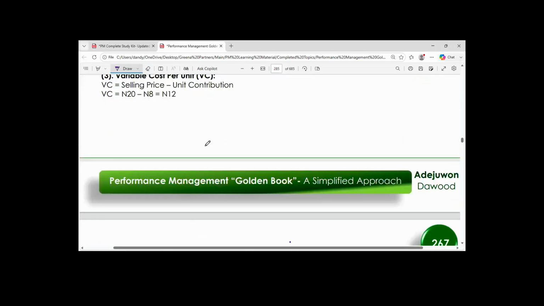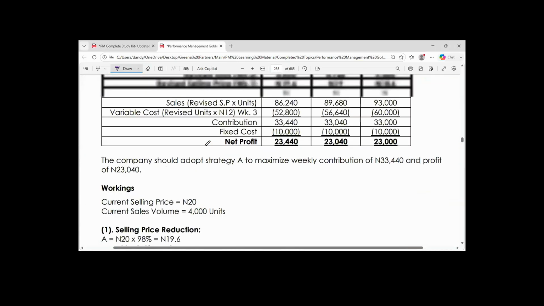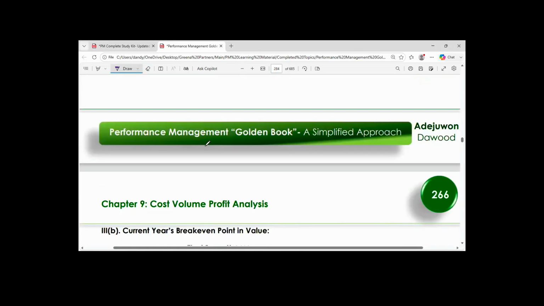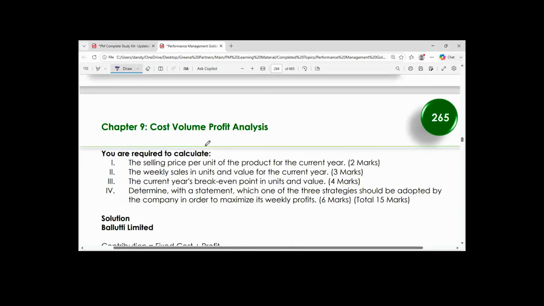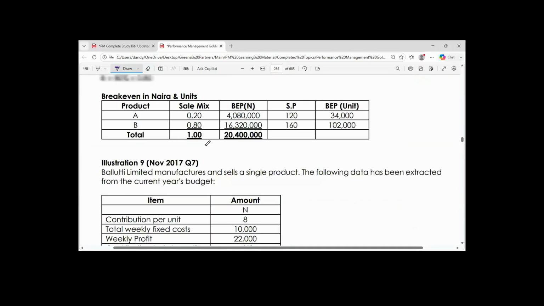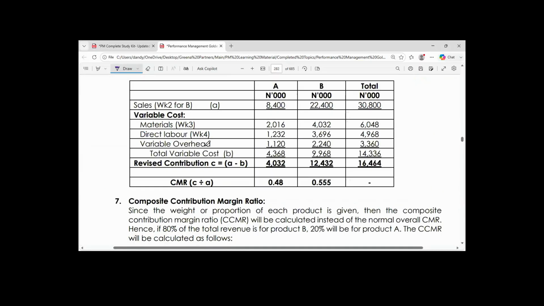CVP, where are you? CVP. Okay. Which illustration is this one, sir? I hope I have it here.